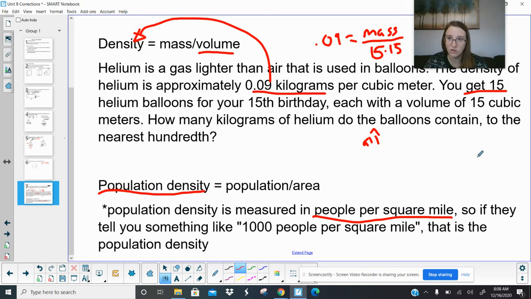If they don't tell you this many people per square mile, they've given you the population and the area instead. So look at those 2 questions. You are either multiplying or dividing, and you can tell by plugging into this formula. Let me know if you're struggling with where to plug in. If a number is labeled this many people per square mile, that is the population density, and you would plug it in here. That would mean you're looking for either the population or the area, depending on how the question is phrased.